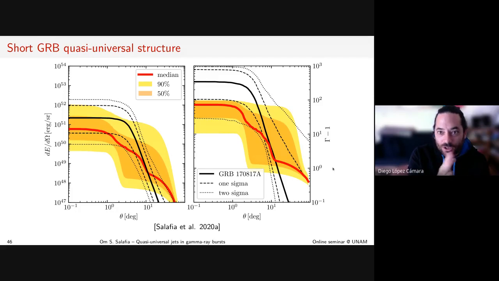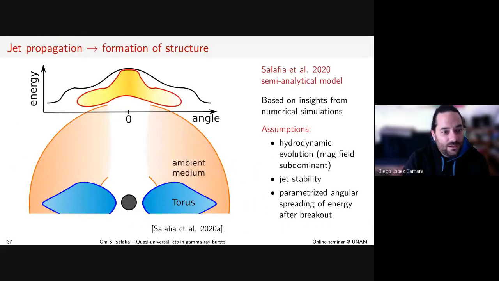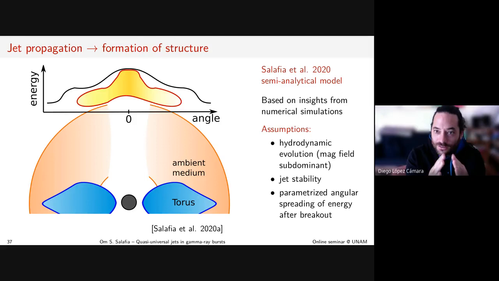In your analytic model, when the jet has broken out, what I don't understand is why the jet, when it breaks out, doesn't also expand like the cocoon? You're treating it as if the jet collimates once it's outside, but there's no pressure pushing it. So why is it collimating?